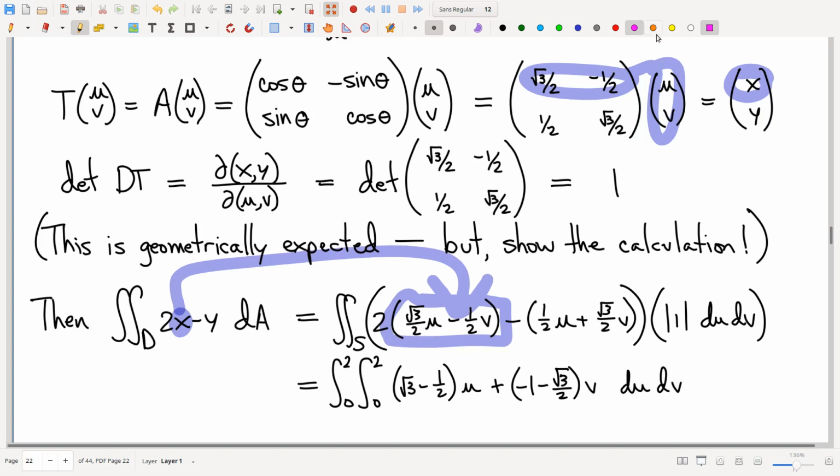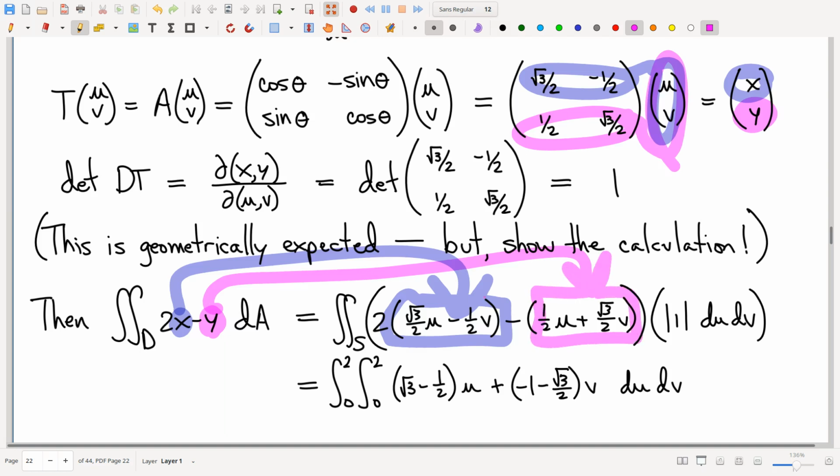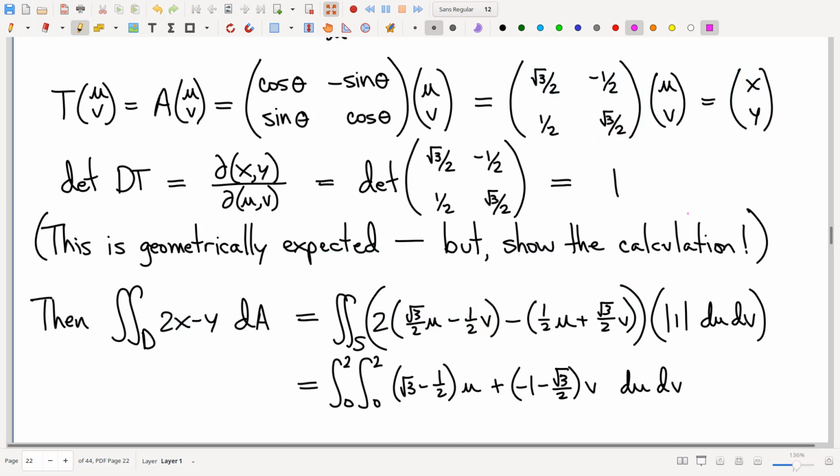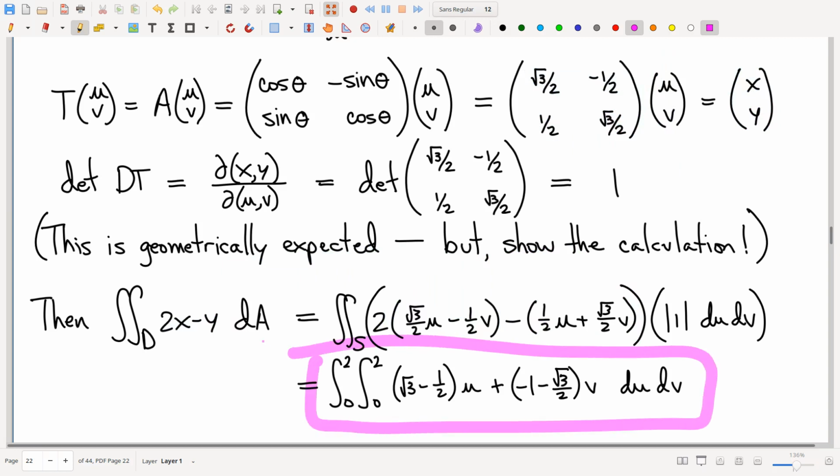Right, and likewise, y, this y right here, where does that y come from? Here it is. It's the second coordinate, so it's this dot product, which goes right there. And again, a little bit of algebra, move things around, and we get a nice, simple final answer here. And again, this is a big win.